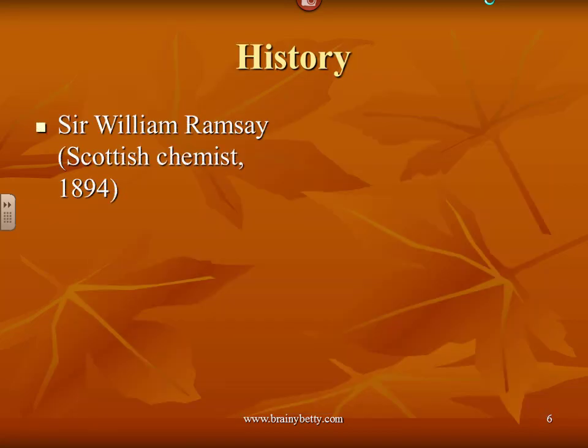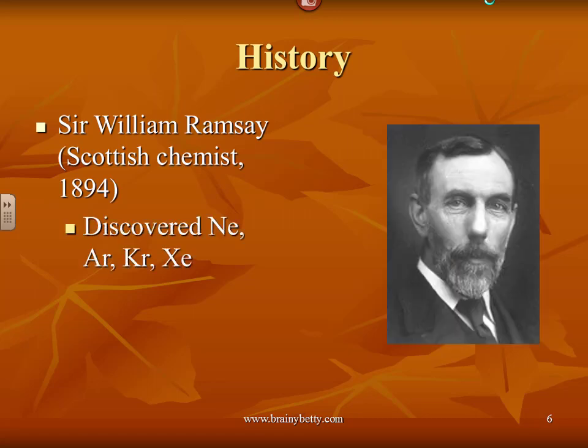After that, we fast forward about 30 years, a little bit less, and we have a Scottish chemist named Sir William Ramsay. And Sir William is responsible for the discovery of neon, argon, krypton, and xenon.